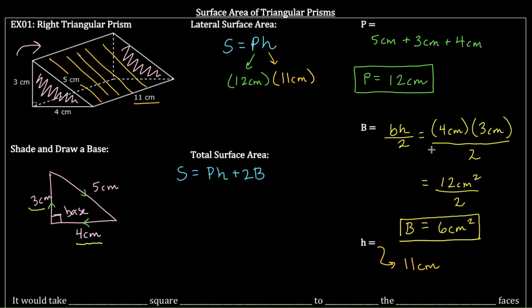Let's simplify, or evaluate. The lateral surface area is 12 times 11. Well, 12 times 10 is 120. 120 plus 12 is 132. So 132 square centimeters.